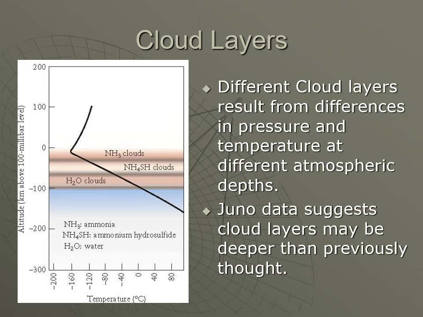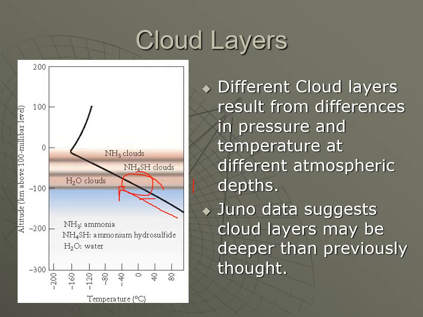The kind of clouds you get are going to be highly dependent on the temperature. Okay, so at lower levels, it's going to be warmer. So this graph here shows temperature with elevation, and the higher you go, the cooler it gets.